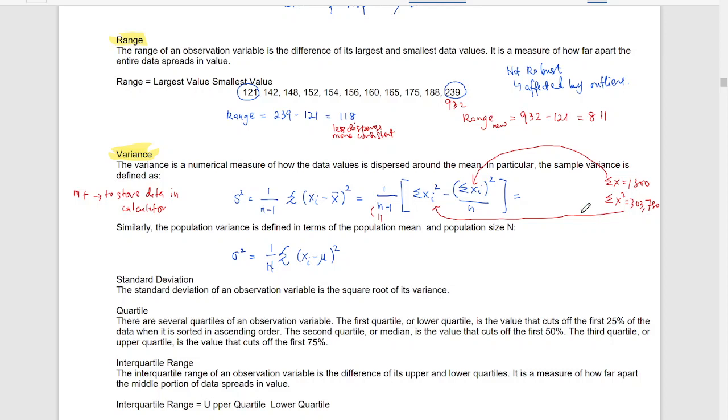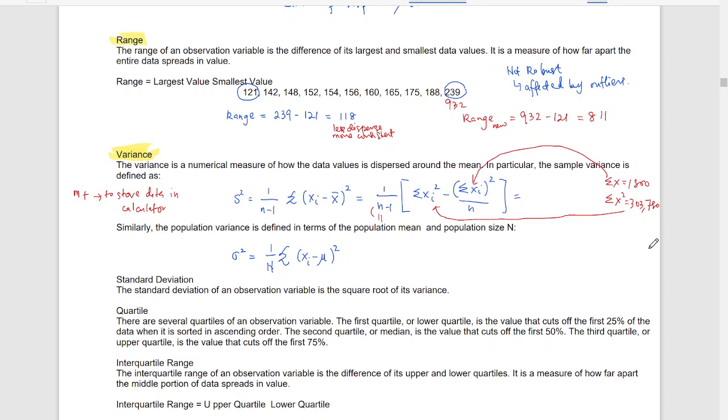You just need to substitute. If you want to calculate manually, you can calculate the values manually, or you can get the answer from your calculator. To get the answer from your calculator, you just need to press shift number 2.